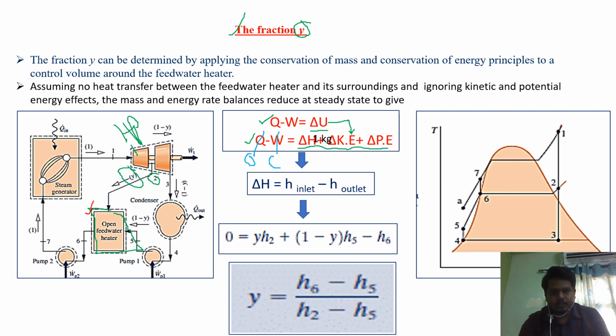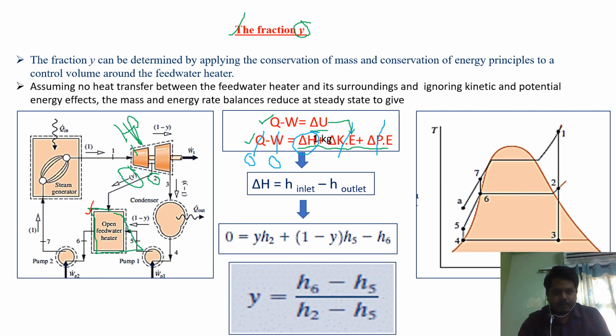So work equals 0. And generally, kinetic energy and potential energies are negligible. So the remaining term is delta H, the change in enthalpy: enthalpy at inlet to the open feed water heater minus enthalpy at outlet of the open feed water heater.